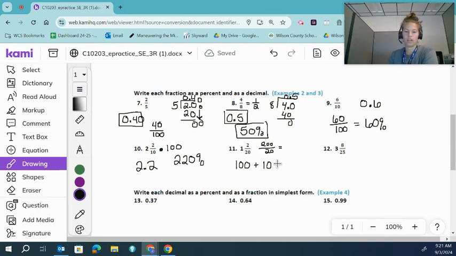So you get 110% as your percent. And 1 and 2/20ths is the same as 1 and 1/10 if we simplify this 2/20ths. So it would be 1 and 1/10 as your decimal. And there's one more for you to try on that.